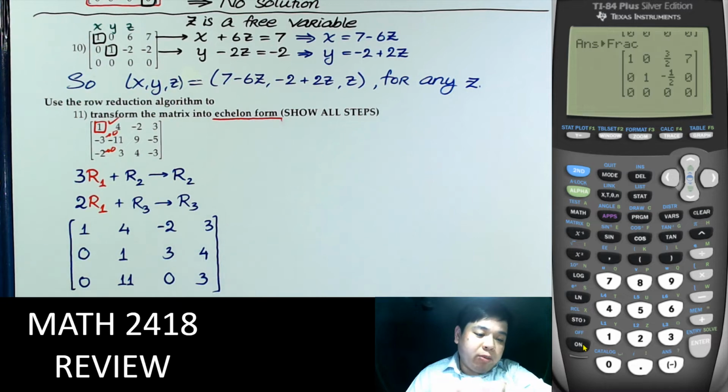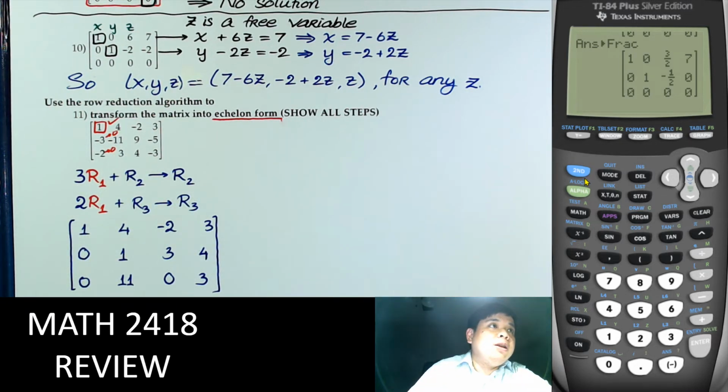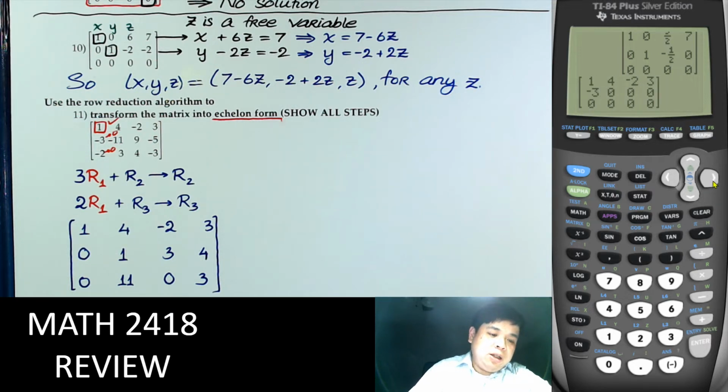First I'm going to enter the matrix. Alpha zoom, 3 rows, 4 columns. So 1, 4, negative 2, 3, negative 3, negative 11, 9, negative 5, negative 2, 3, 4, negative 3.